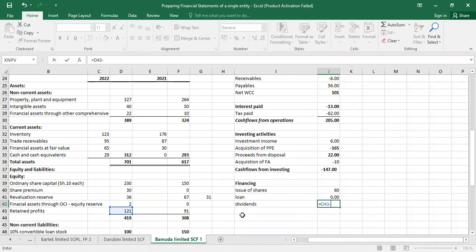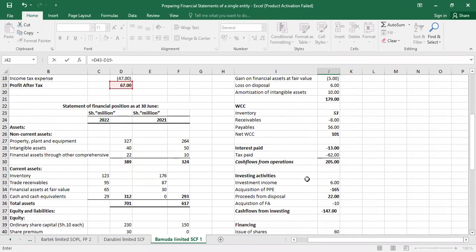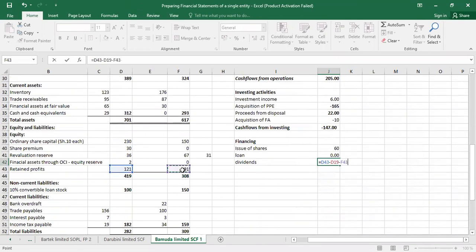We always add our profit for the year and less dividends. So we add the profit for the year, the 67. Then we minus to see if we paid any dividend. We minus the 91 there, and you can see that we paid a dividend there of 37. So it's negative, control bold.